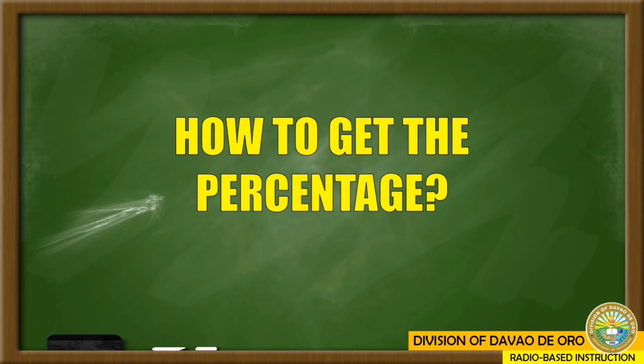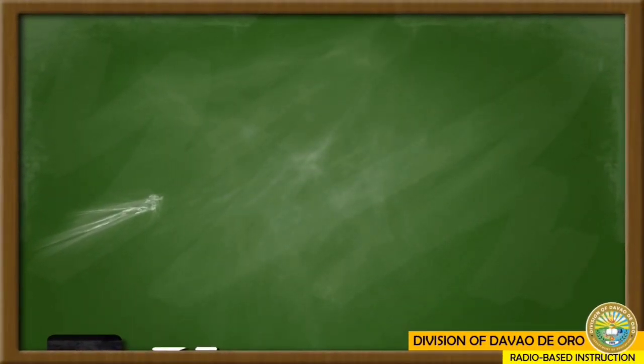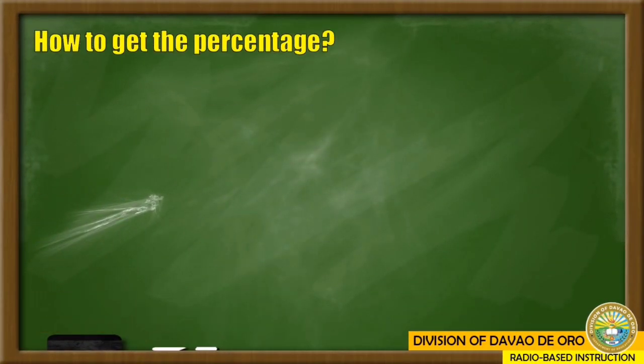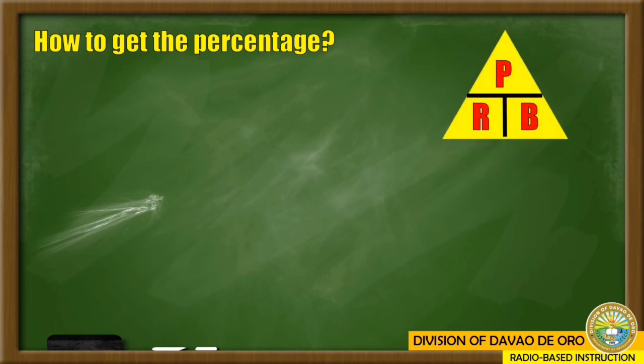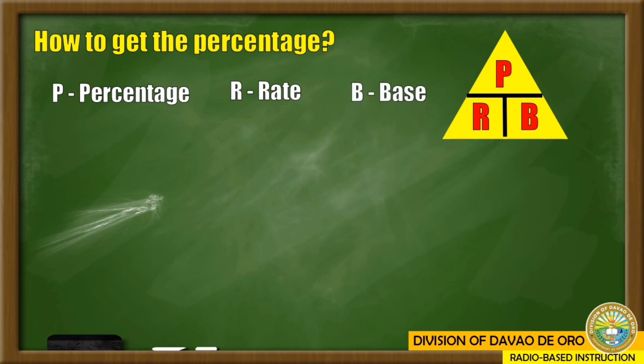How to get the percentage? That is our question to be answered. Now, I will show you the triangle. If you will observe, inside the triangle there are three parts: the letter P for percentage, R for rate, and B for base.